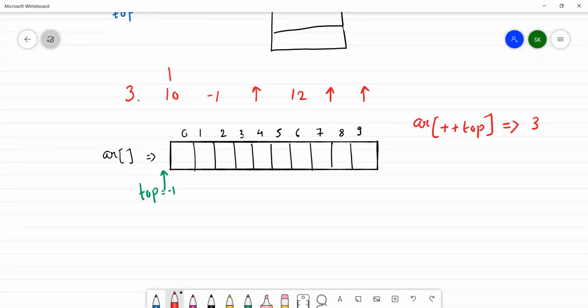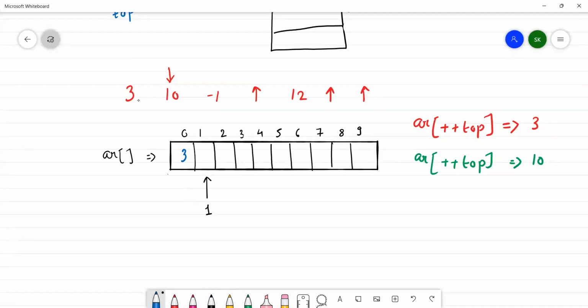Yes. Inserting 10, again it will be the same thing. Your top initially was at -1. Afterwards, it reached 0 and you inserted 3 here. When 10 comes up, you will again do this operation, array of ++top equals 10. The pointer will move to 1 and it will insert your number 10 there.